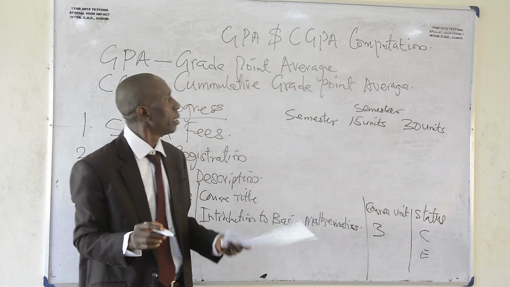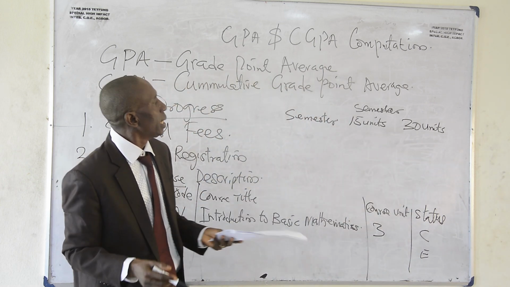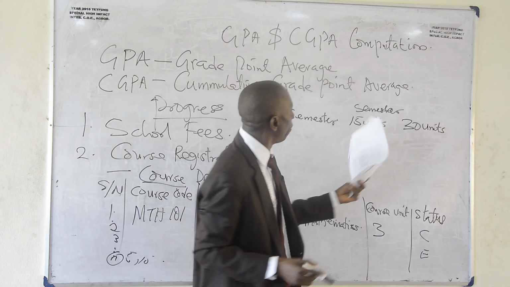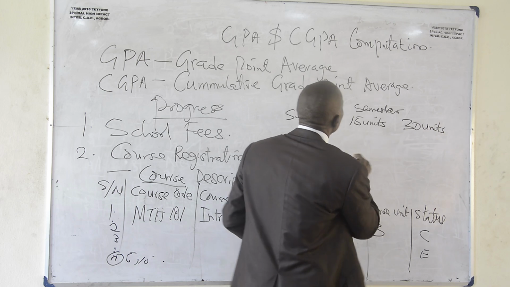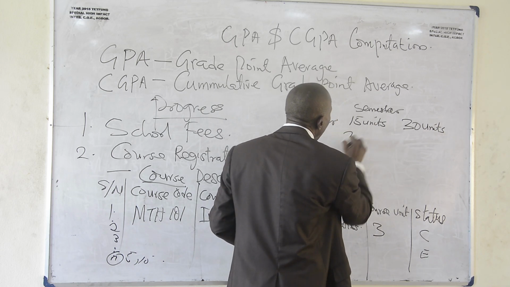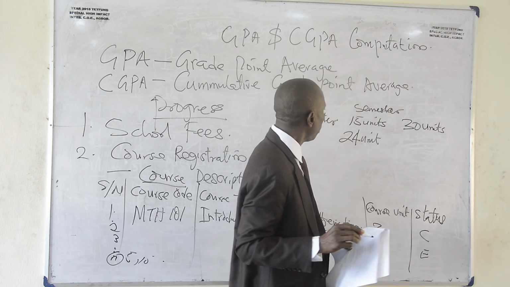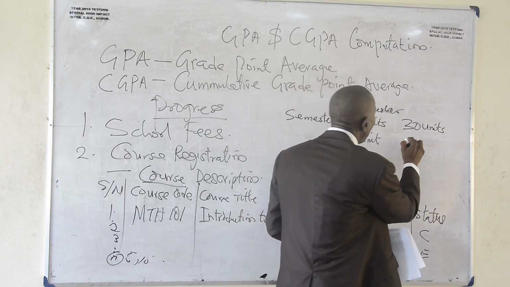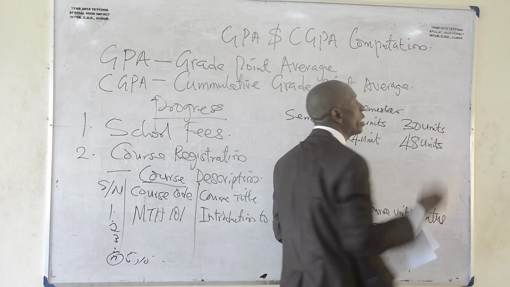You have 15 units minimum and then 30 units for the section. Each semester has a maximum of 24 units, and the section has a maximum of 48 units.